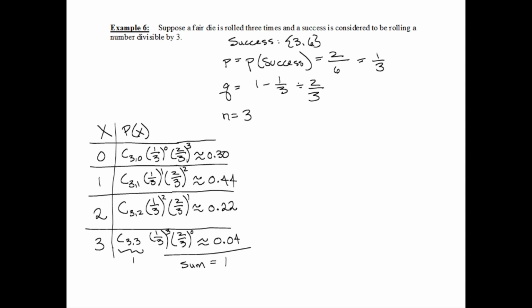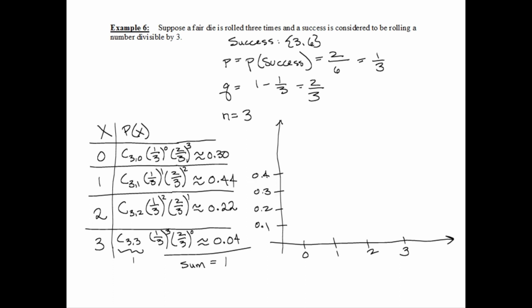Now we could draw a histogram. We're going to put 0 on our x-axis, because that is a number of successes. 1, 2, 3. Possibilities here are 0.1, 0.2, 0.3, 0.4, 0.5. We're going to consider these x values to be the centers of the bars.